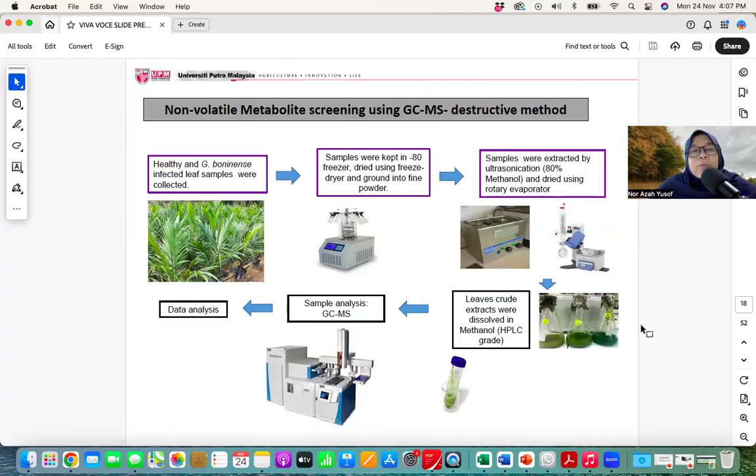Working with living things, you are prone to variety of trees and to geographical area. Sometimes it really affects the volatiles, the metabolites released by the trees. So how do we manage the data?